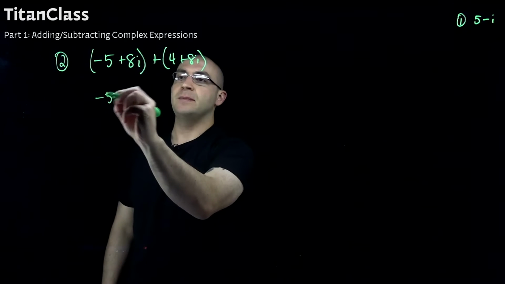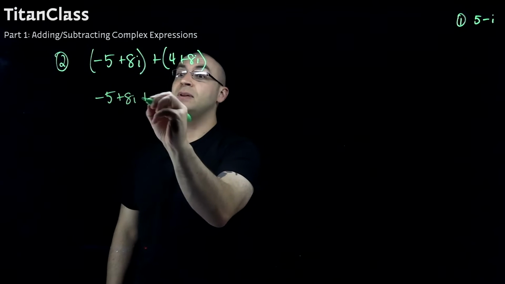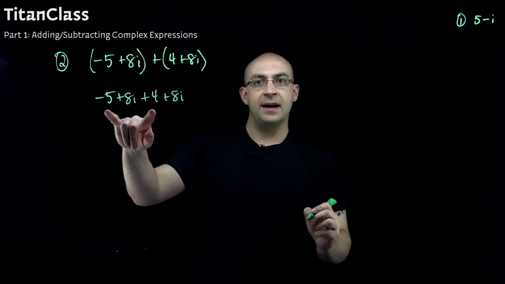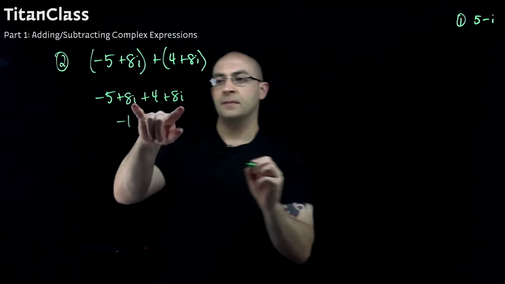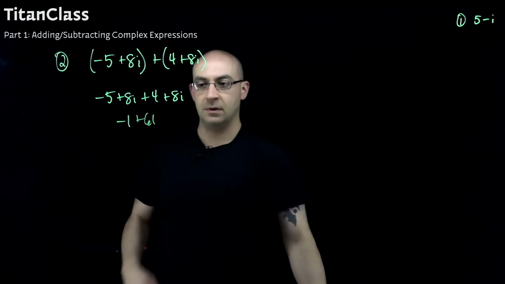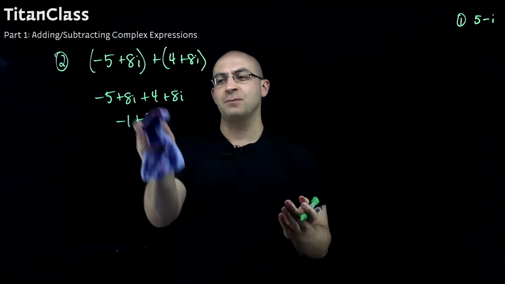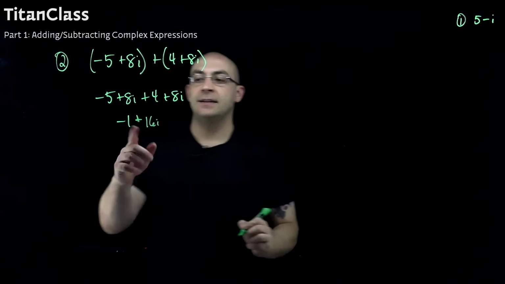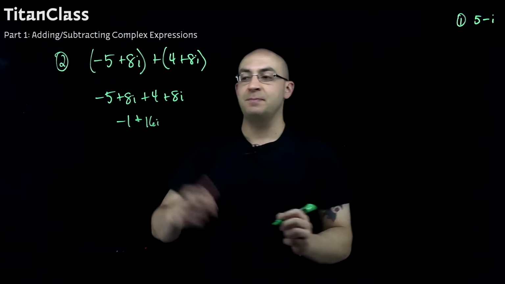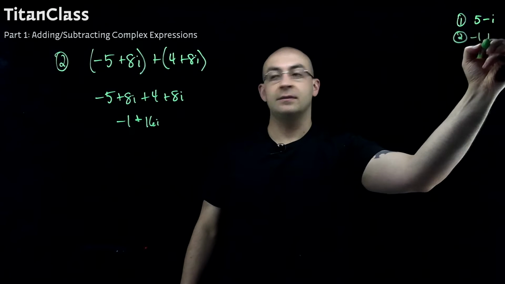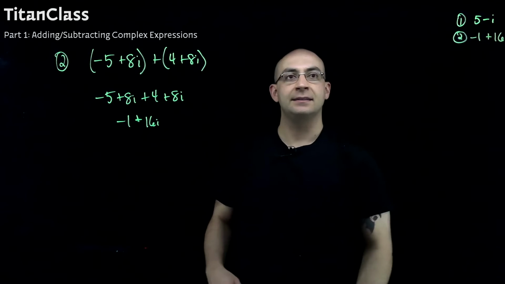So this is going to be negative 5 plus 8i plus 4 plus 8i. Negative 5 plus 4 is negative 1, and then 8i plus 8i is 16i. Ooh. See, I said 16 and wrote 61. That doesn't make any sense. So plus 16i. And again, it's in the form a plus bi, so we're good to go. Number 2 is negative 1 plus 16i.